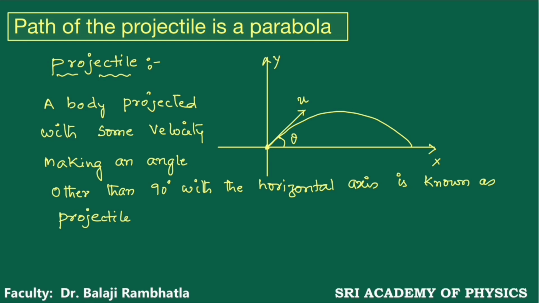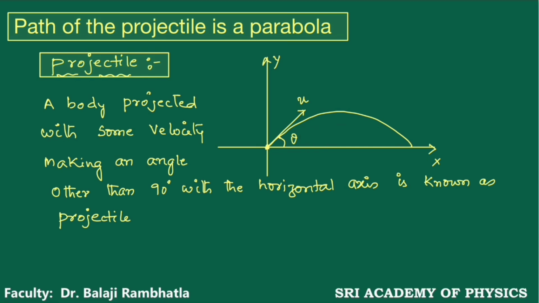So how to define this projectile? Let us consider a body. It is thrown with some velocity. It makes an angle theta with the horizontal axis. This is called the horizontal axis and this is called the vertical axis. So a body is projected with some velocity making an angle theta with the horizontal axis, and this theta value is not equal to 90 degrees.